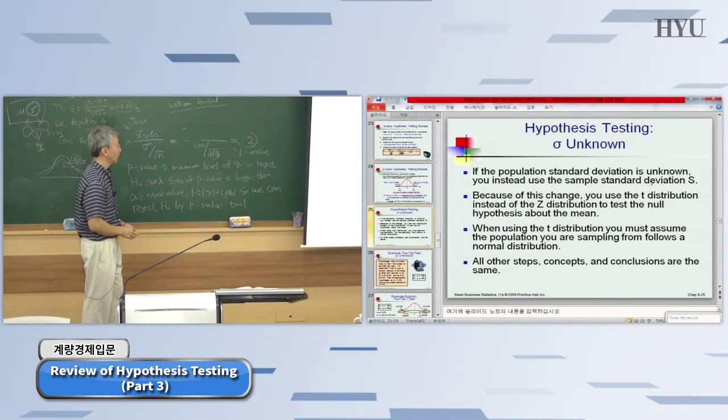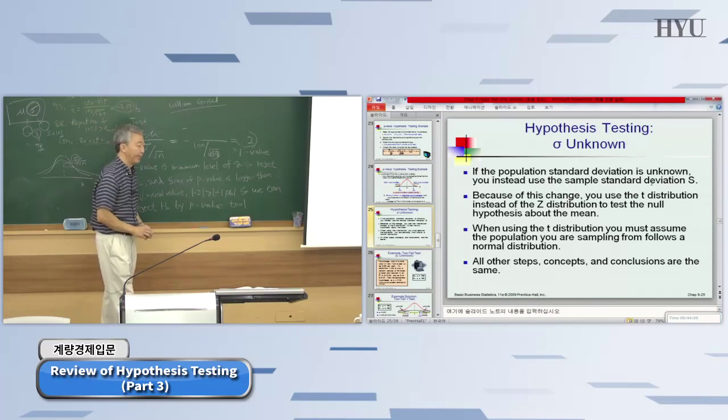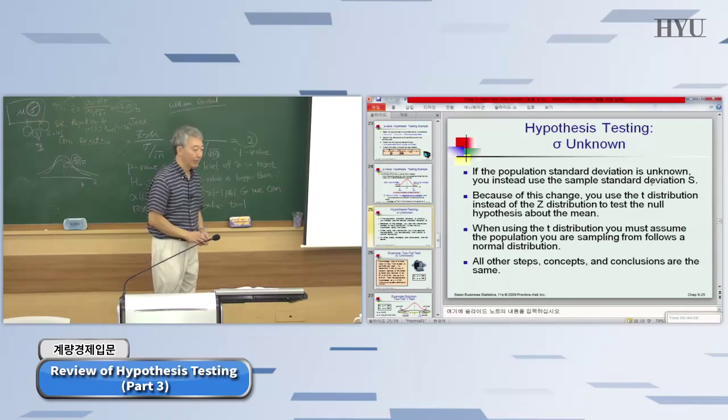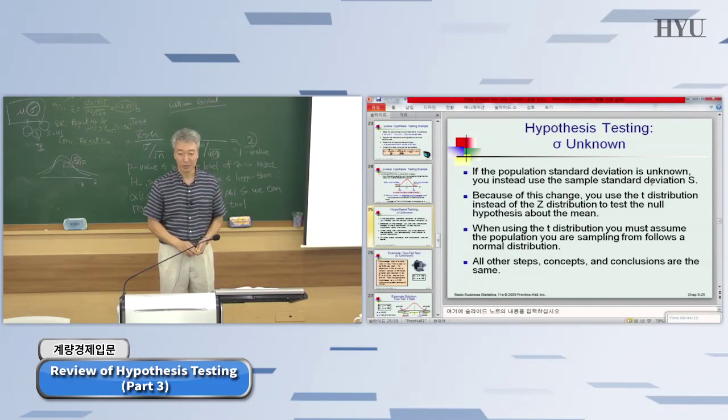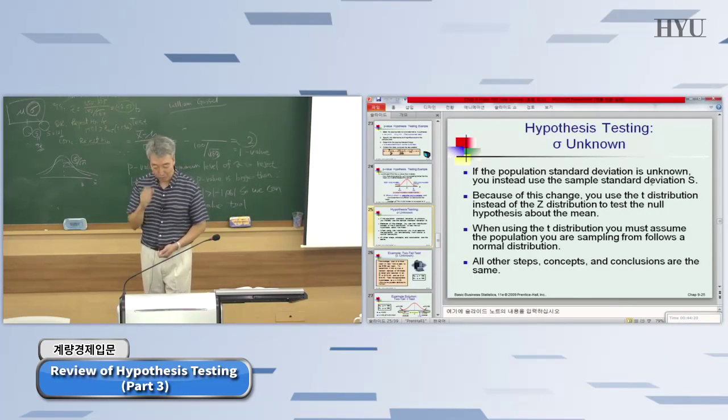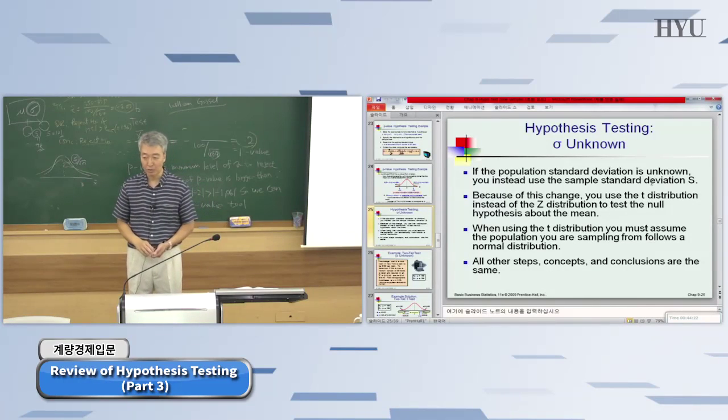Anyway, he was working in the Guinness Brewery, and apparently he had a lot of time on his hands. Maybe his job was just watching the beer brew, mature. Anyway, he introduced what we call the t distribution.